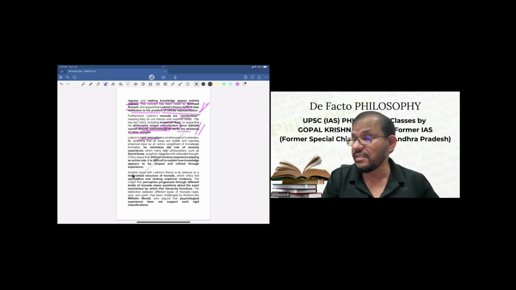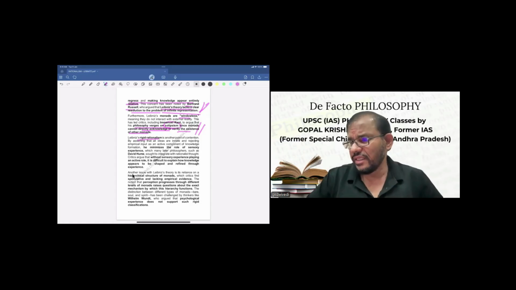Leibniz's rigid rationalism is another point of contention, by asserting that all ideas are innate and rejecting empirical input as an active component of knowledge. He minimizes the role of sensory experience, and Hume sought to integrate the rationalist thought. Critics argue that without sensory experience playing an active role, it is difficult to explain how knowledge appears to be shaped.